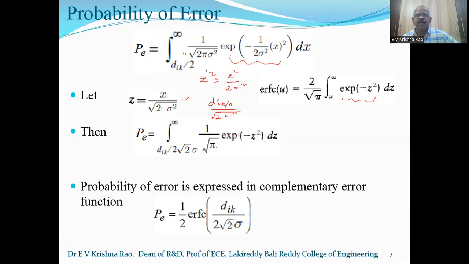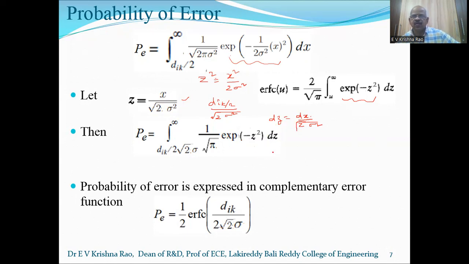The upper limit infinity remains infinity. So by taking e power minus z square, dz equals dx divided by root 2 sigma square under root. Okay, so dx equals root 2 sigma square dz.